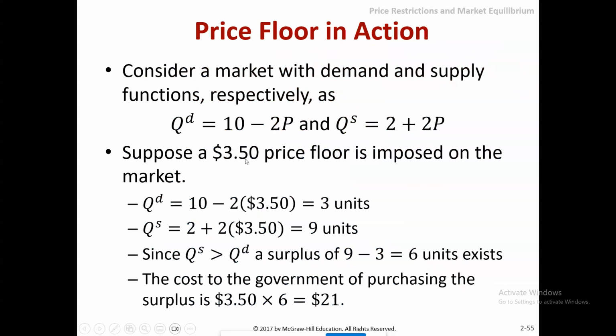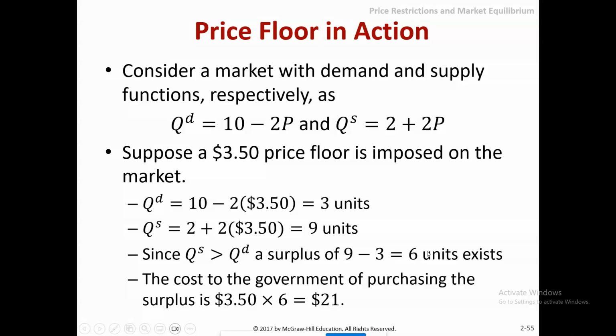So at $3.50, you can plug this price floor into the demand function and figure out that at such a high price, consumers can only afford 3 units. Plugging into quantity supplied, you can see sellers are able to sell 9 units. They want to sell a lot.